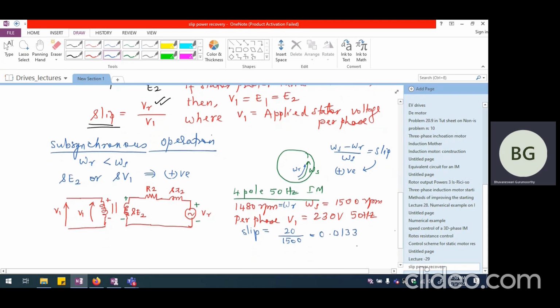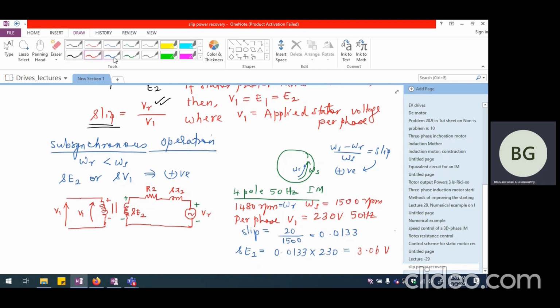If this is the slip, then S times E2 is going to be 0.0133 multiplied by 230, assuming that there is hardly any drop in the stator circuit. So that is going to be 3.06 volts, approximately 3 volts. So this is going to be the voltage.